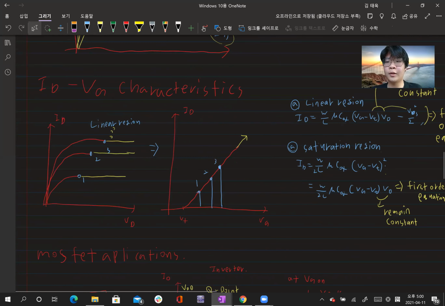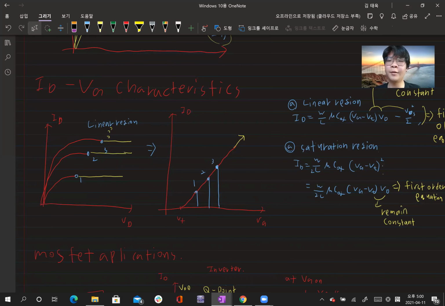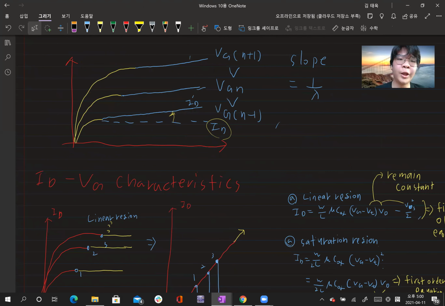Now we think about the ID-VD curve, because in ID-VD we do not change VG. So here only VGn, and here VGn minus 1 and VGn plus 1.